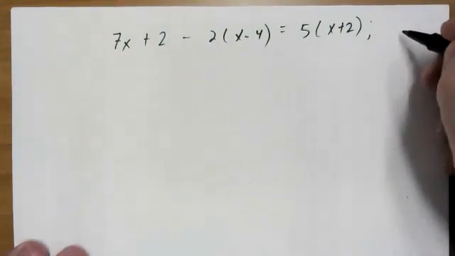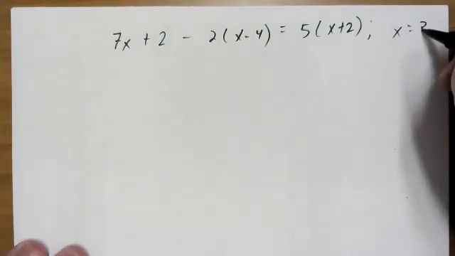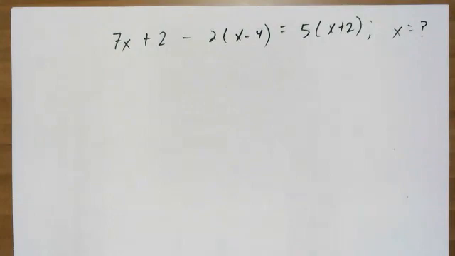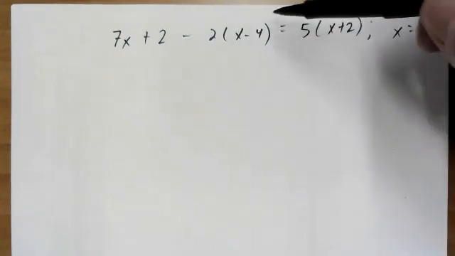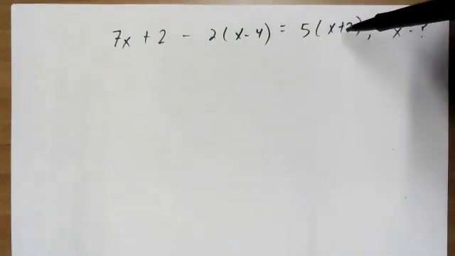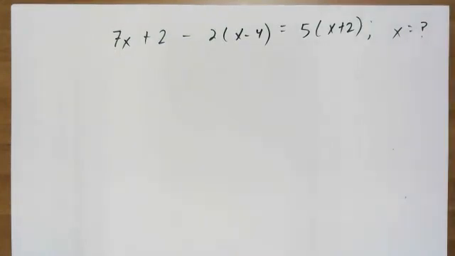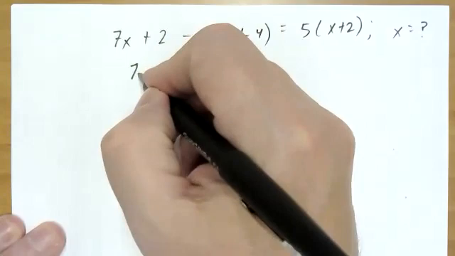So once again, our goal is to solve for x. In this case, I actually have 2 parentheses. So first thing I'm going to do is multiply out the parentheses and then try and go through our normal steps to solve this equation.